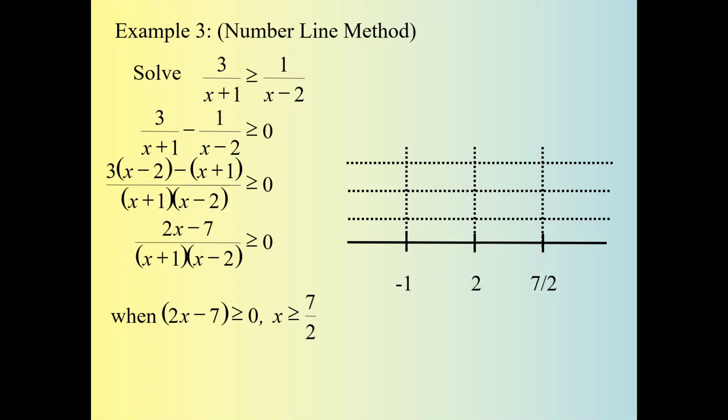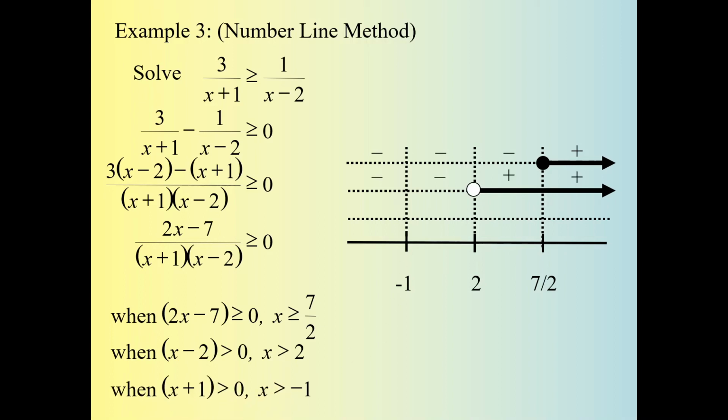For x greater than or equal to 7/2, it is represented by a solid line, whereas the tail is negative. For x greater than 2, for x greater than -1. So for the interval less than -1, negative. From -1 to 2, it is positive.